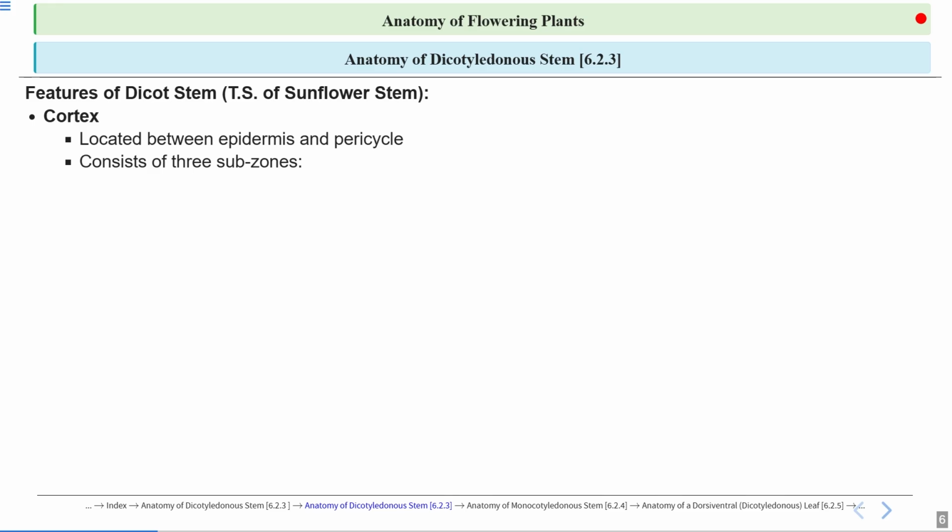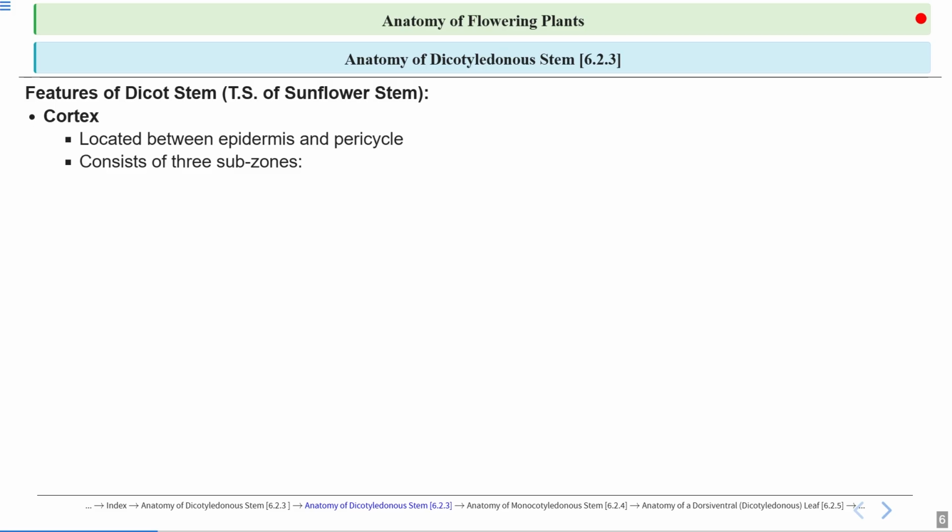Now, the next layer is the cortex, located between the epidermis and pericycle. This is a very, very important point about the cortex, from where to where the cortex layer is present. Just below the epidermis. Epidermis is a single layered cell, right?